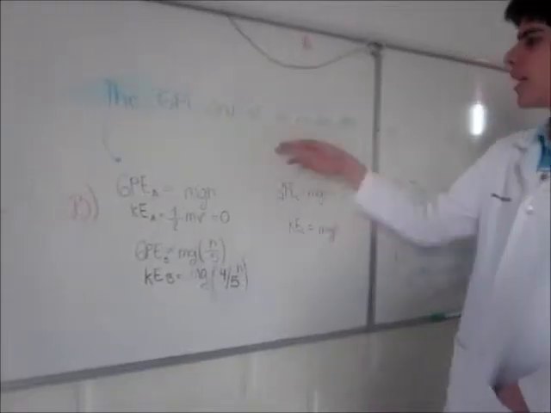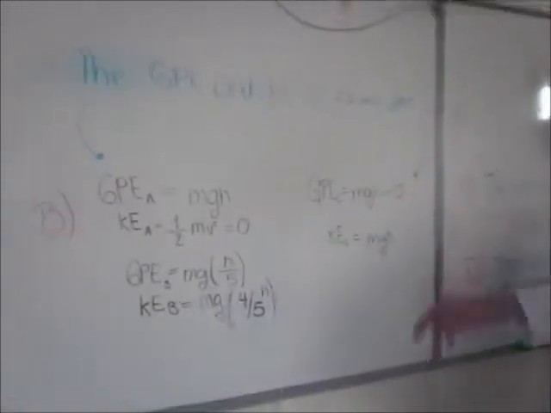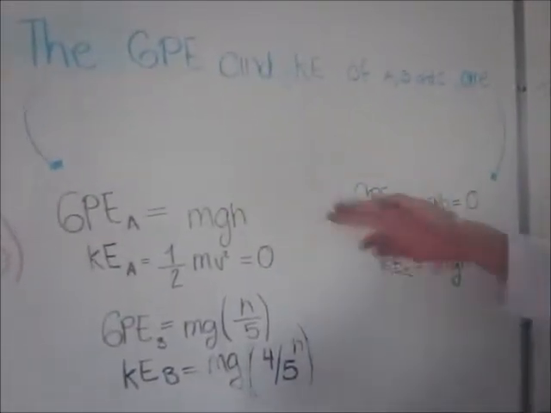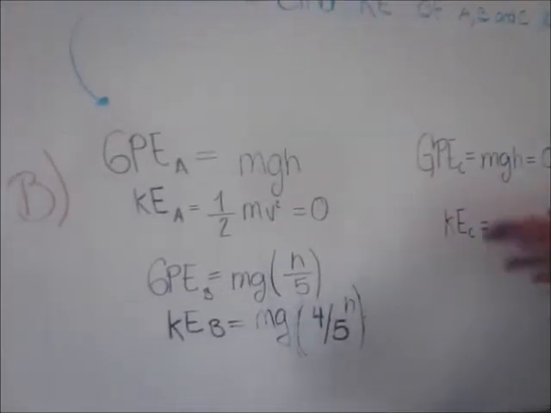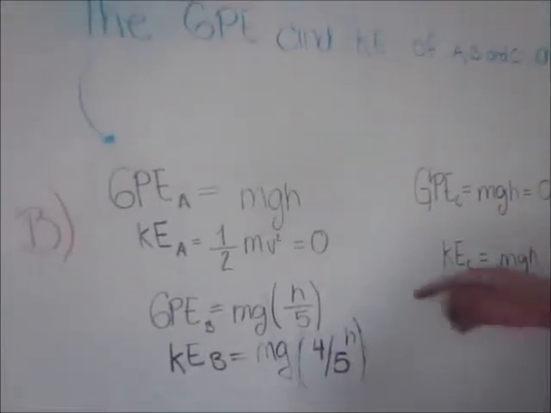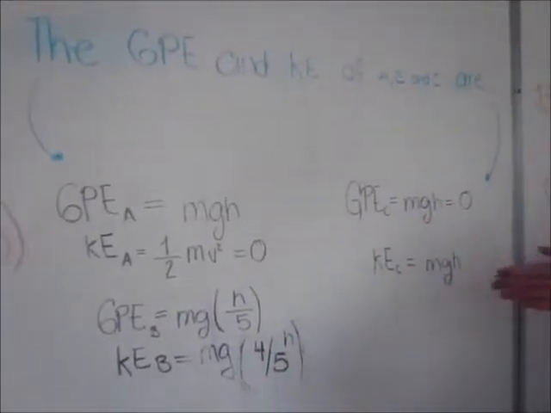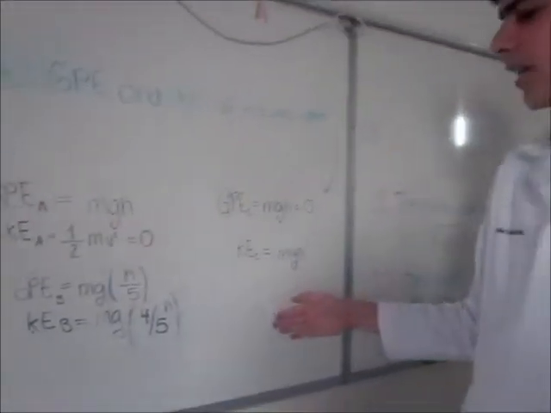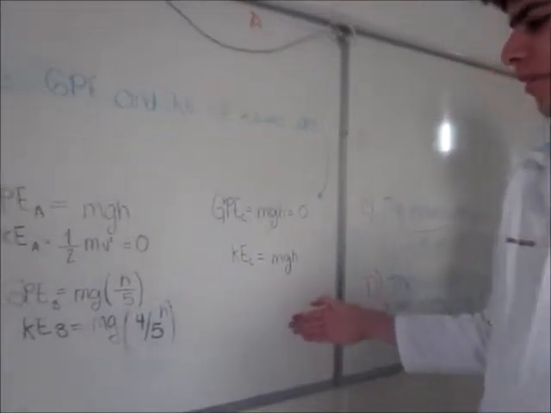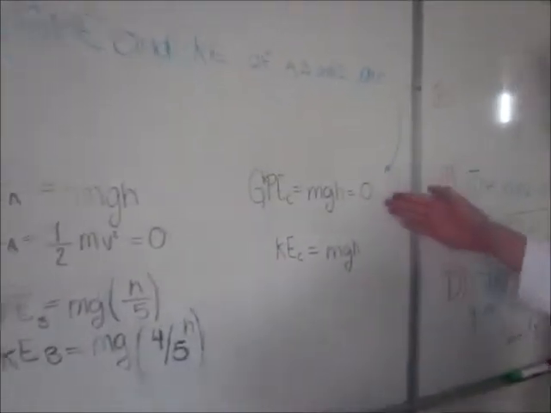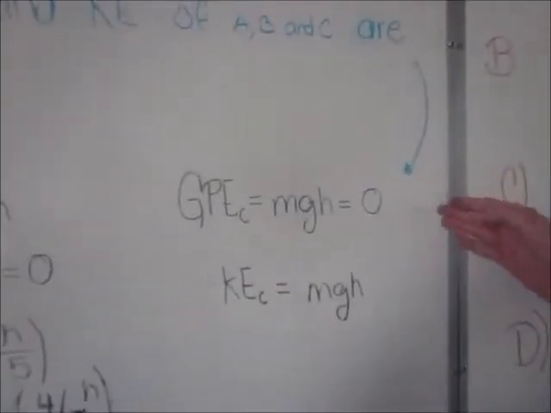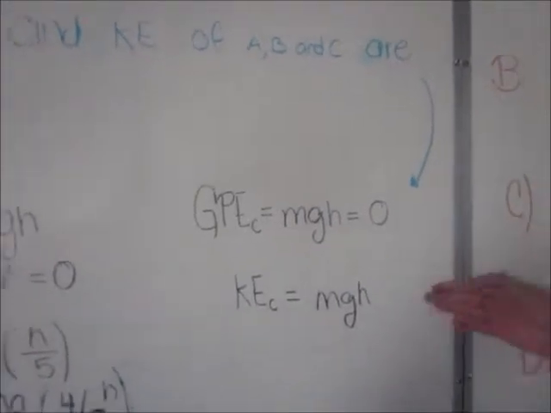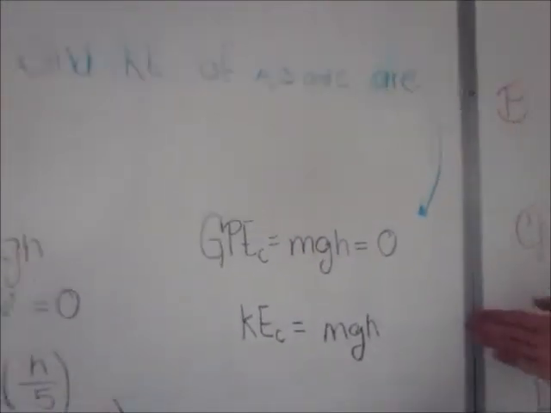Then the GPE and the kinetic energy at A, B, and C are: at A, mass times gravity times height, and the kinetic energy is 0; at B, the GPE is mass times gravity times height over 5, and the kinetic energy is mass times gravity times 4 over 5 of height; and at C, the GPE is 0 because the height is 0, and the kinetic energy is mass times gravity times height.